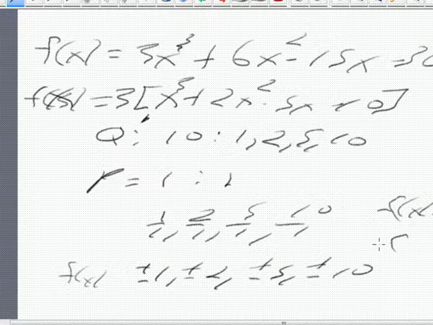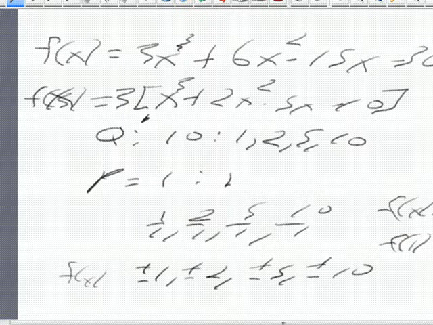I'm going to try f of 1 first. Hopefully I'm lucky. I get 3 times 1 is 3 plus 6 is 9. Nope. 9 minus this big number here is not going to be 0. So let's try negative 1. That's not going to be 0. Try 2. Oh lordy.